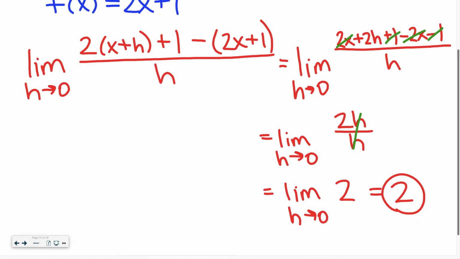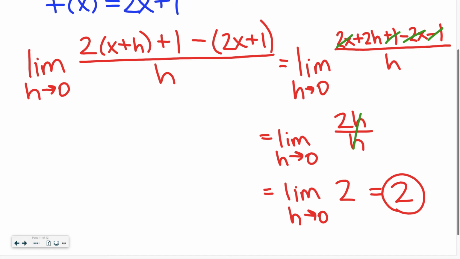If you had some sort of squared term in there, you would be left with something involving an x. Oh no, hold on. No, I'm good. Sorry. It is okay to have an answer involving an x. That might happen. Actually, it will happen on a couple of your homework problems.